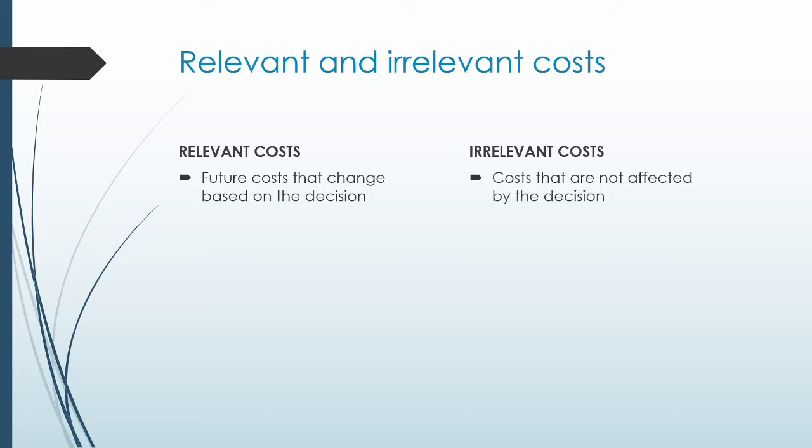Whether you attend the lecture or not, you still have to pay the fees for the module. It is therefore an irrelevant cost when you are deciding to attend the lecture or watch the movie. However, if you attend the lecture, you don't have to pay for the movie. If you go to the movie with your friends, you do have to pay for the movie. Therefore, the cost of the movie is a relevant cost as it changes depending on the decision you make.